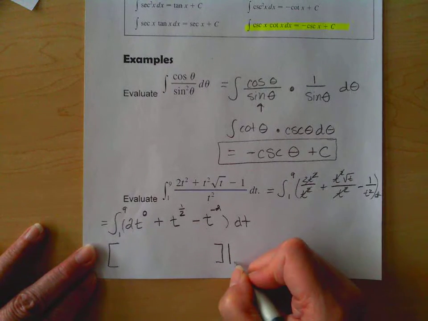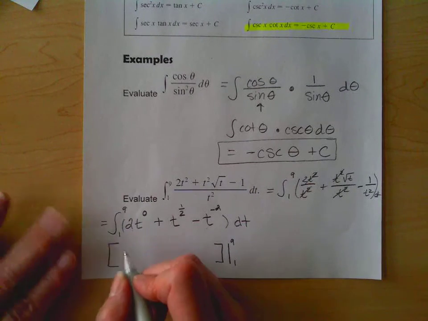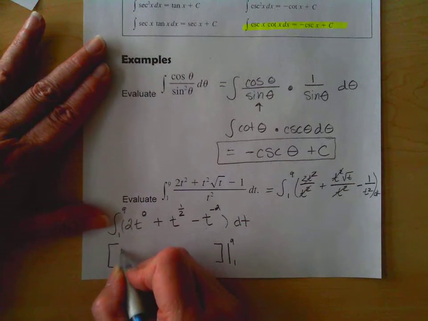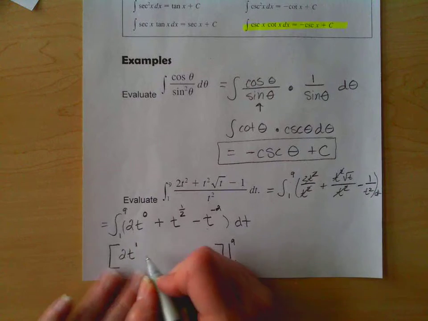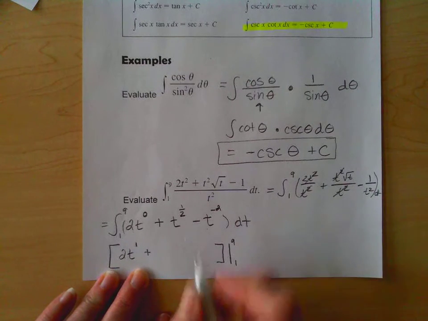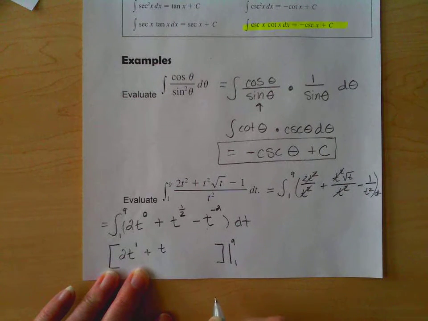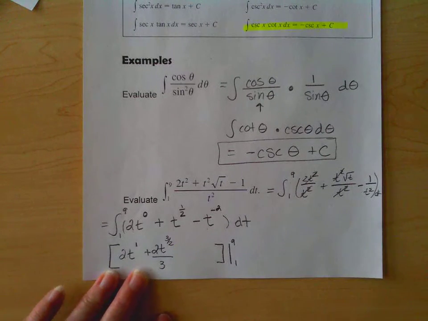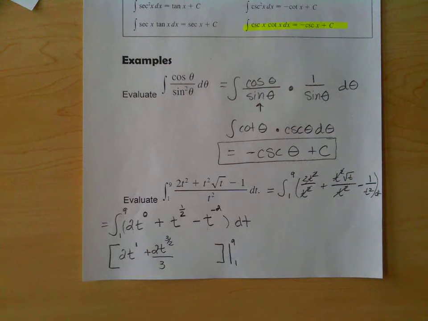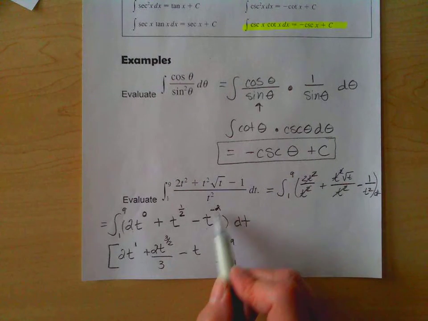So 2t to the 0 is going to be 2t to the 0 plus 1, or 1 over 1, which I'm not going to bother writing because it's just multiplied by 1. T to the 1/2 plus 1 is going to be 3/2 over 3/2, so I'm going to divide by 3/2, that's the same as multiplying by 2 and dividing by 3, minus t to the, now be really careful here, because -2 plus 1 is -1 over -1.